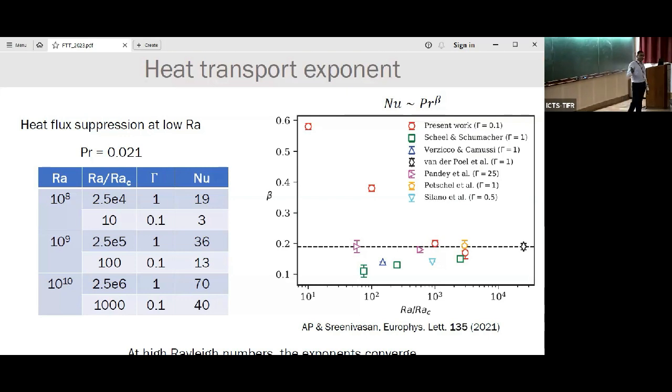So we can say that at the lower Rayleigh numbers, the very peculiar flow at low Prandtl numbers gives very different heat transport values or exponents. But as Rayleigh number is increasing, thermal structures are becoming smaller and smaller, and they are smaller compared to the diameter of the domain. Then we basically regain normal kind of convection.